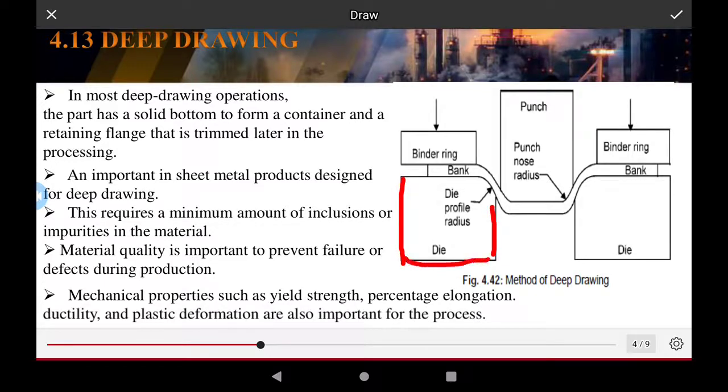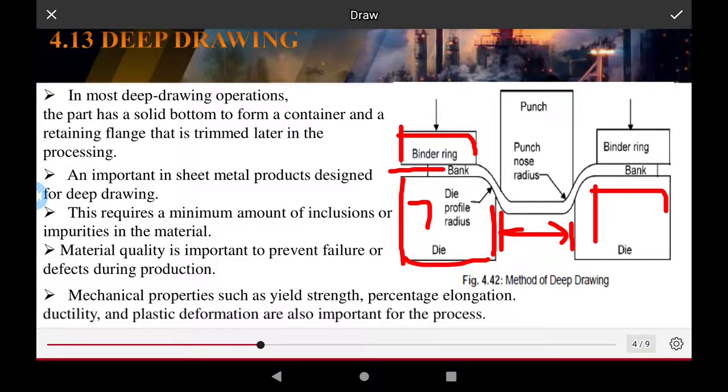This is the die profile radius. This is one die and this is the other of the two dies. This is the gap between the two dies, die 1 and die 2. This is the binding ring, the binder.